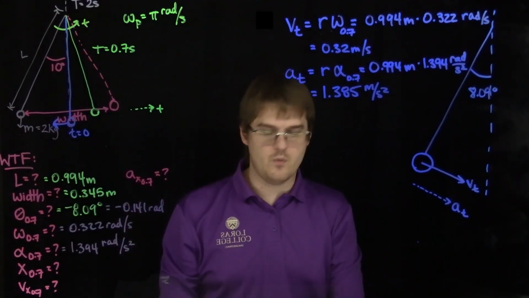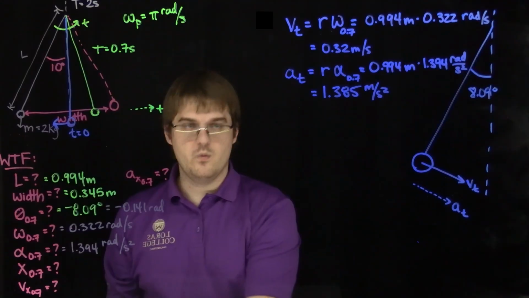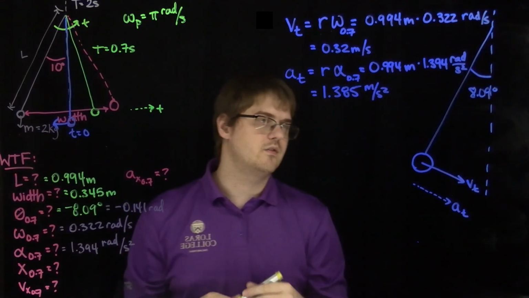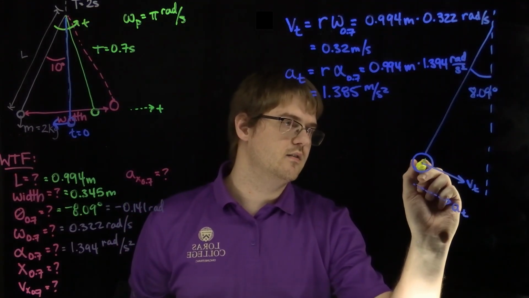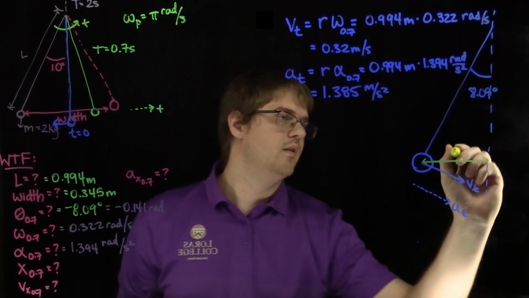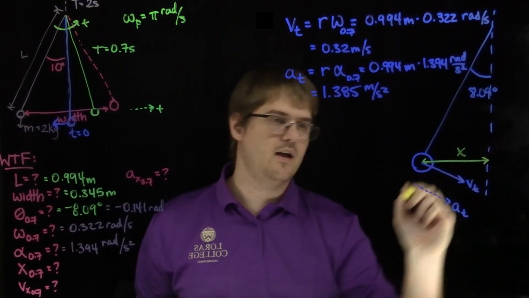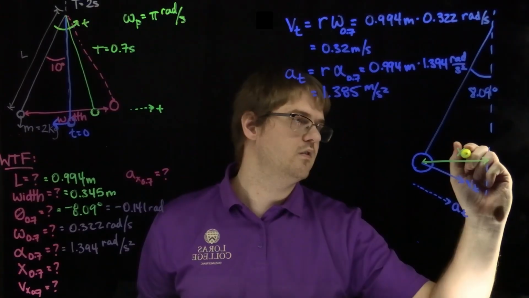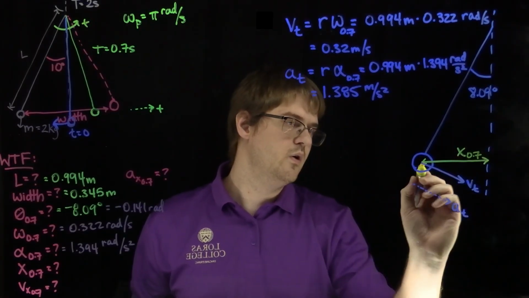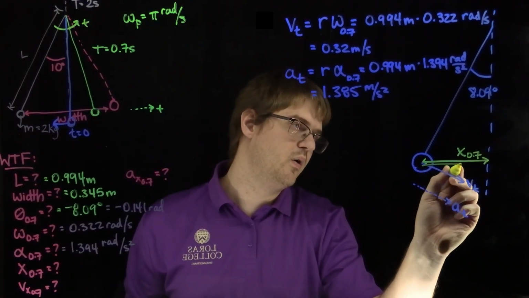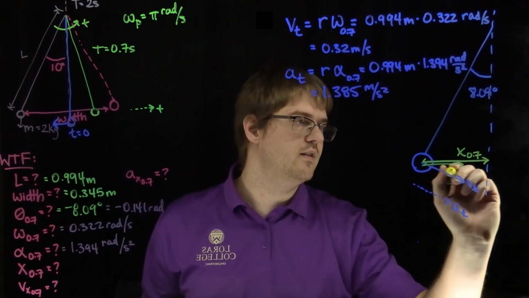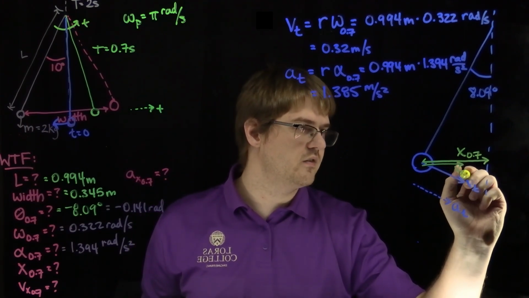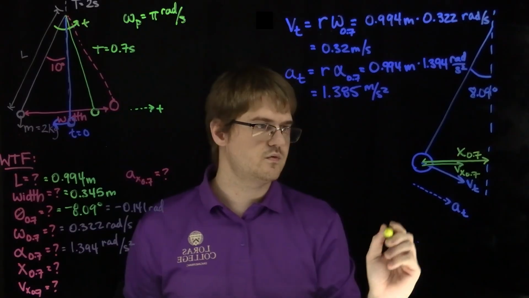Now this is not what we asked for. What we were asked for is that x position at 0.7. We were asked for what is this velocity in the x at 0.7.